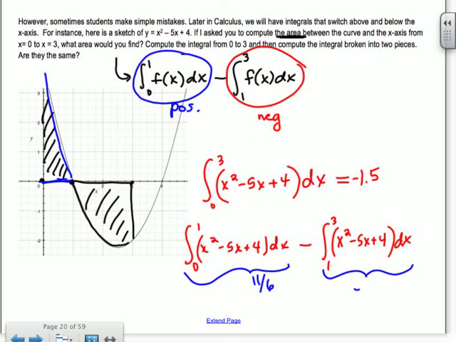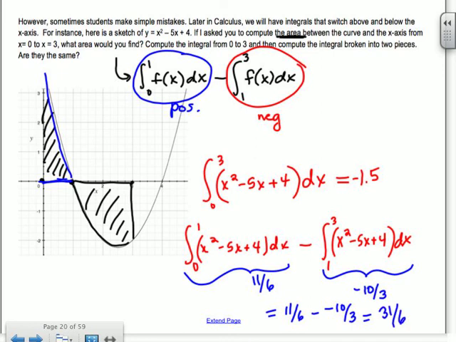So when you do 11/6 minus a negative 10/3, you with me? You get 31/6, not 0.6. Okay, that's like 5.167, somewhere in there.